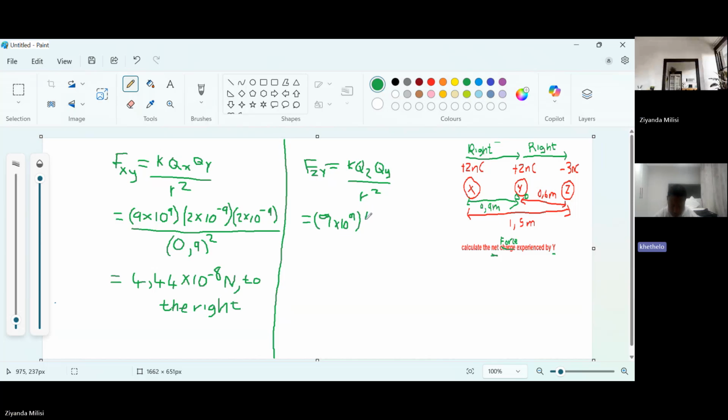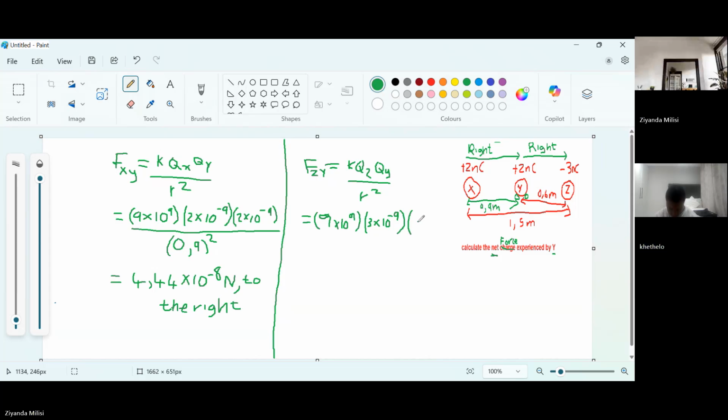Negative 3 times 10 to the power of negative 9. Just omit the negative. You see these equations that have got K, Q, omit the negative sign so that it doesn't confuse you, okay?